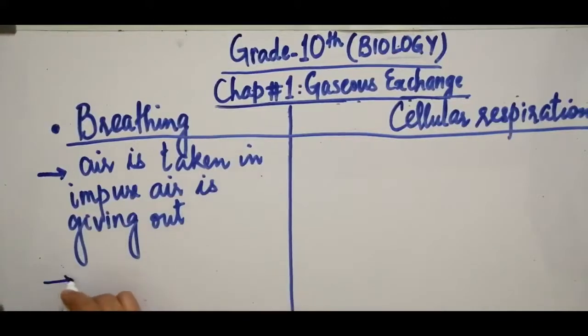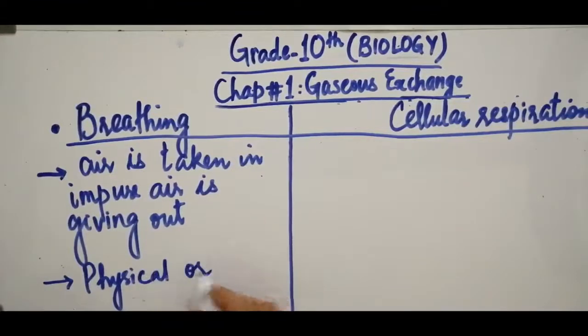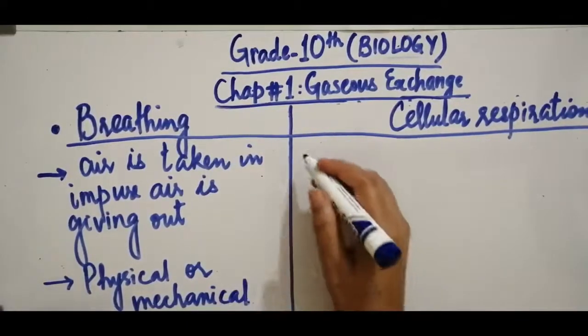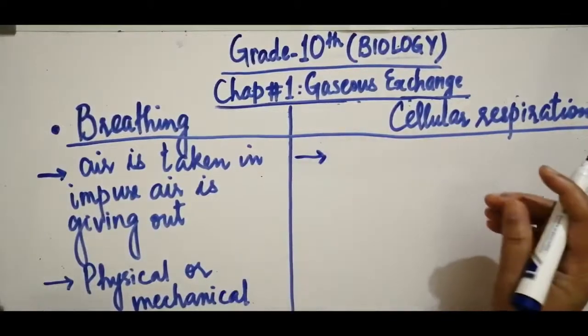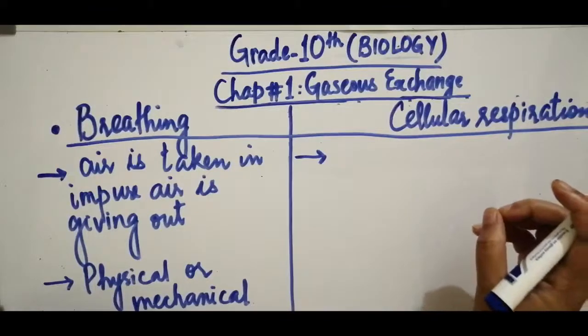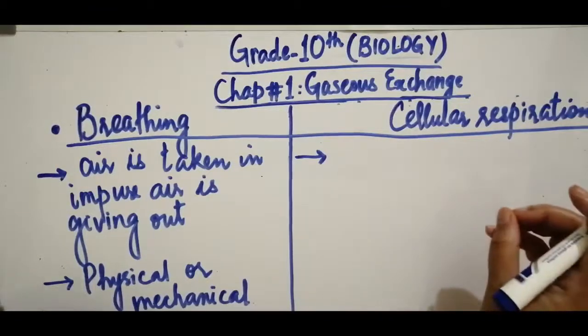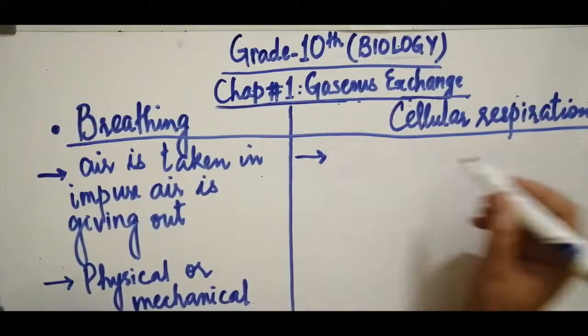So this is another point: you can write physical and mechanical process. On the other hand, cellular respiration is the process which actually happens in a sequential manner. What happens during this process?